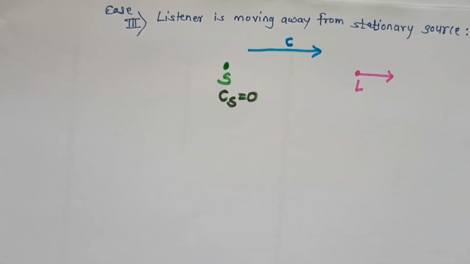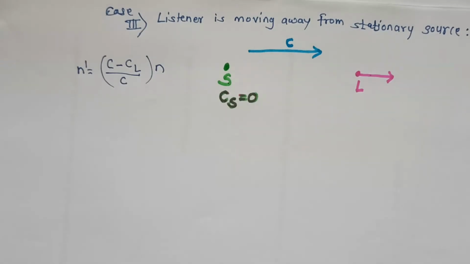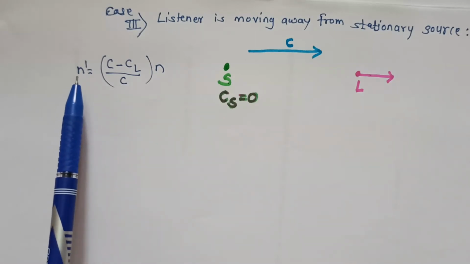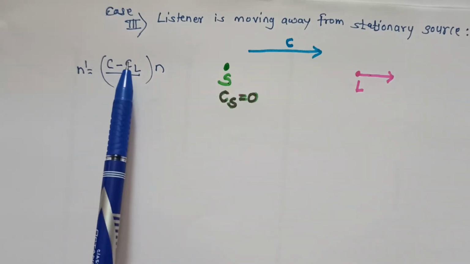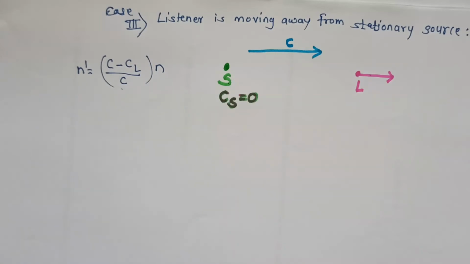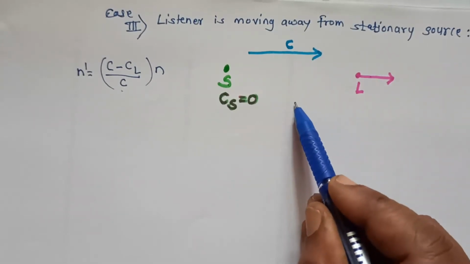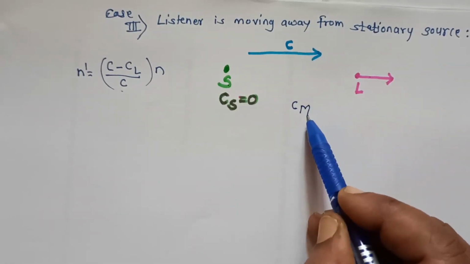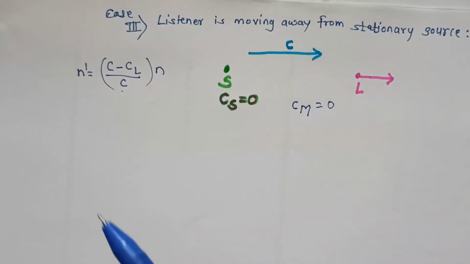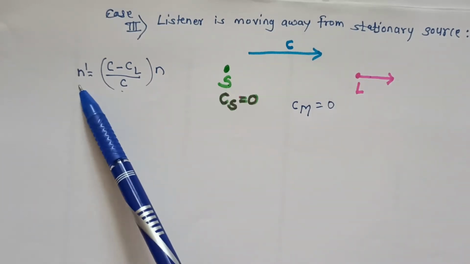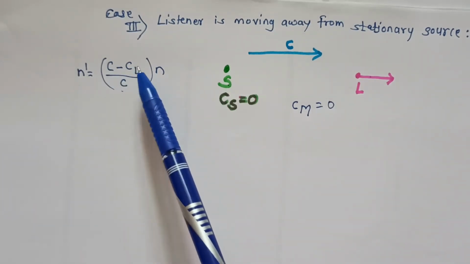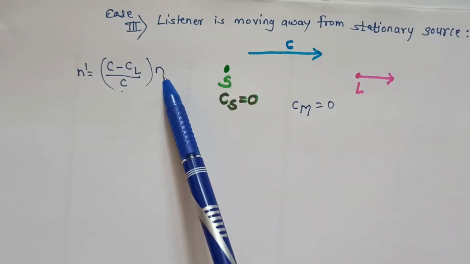Now the apparent frequency n dash is equal to (c minus cl) upon c into n. Here cs is equal to 0 and the medium is considered stationary, so the value of cm is 0. Then the apparent frequency n dash is equal to (c minus cl) divided by c into n.